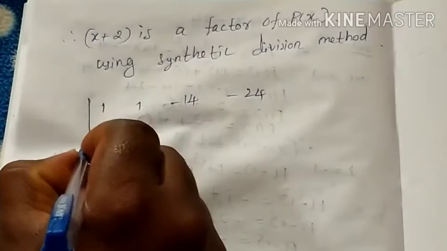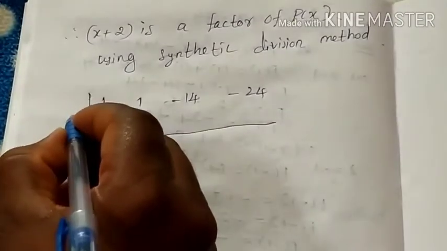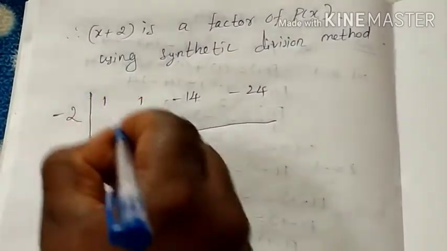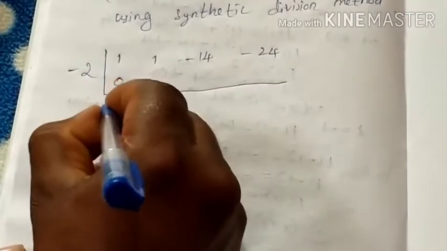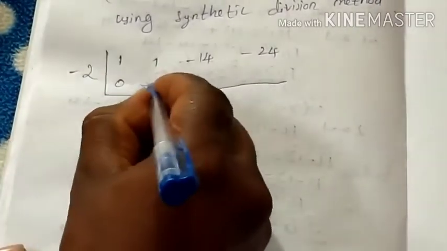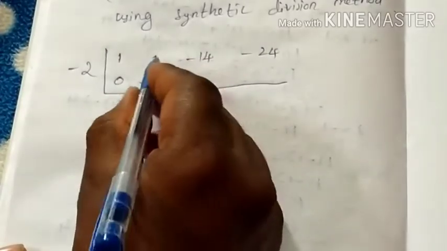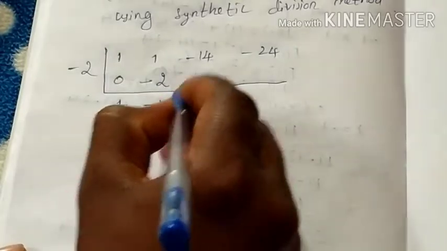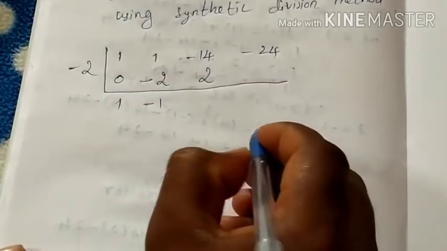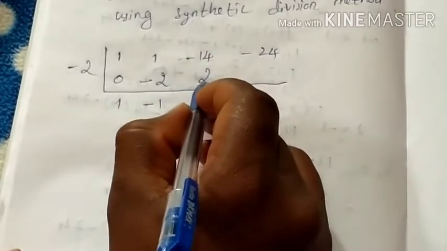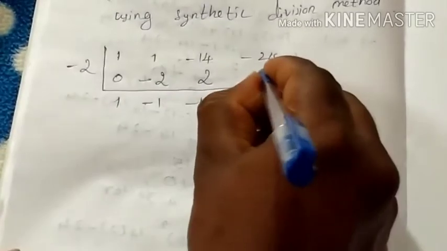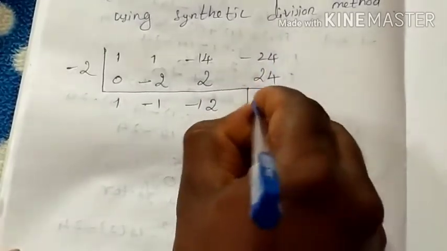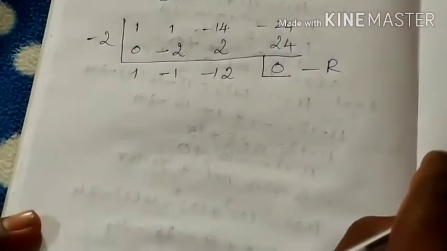Then the x value is minus 2, then 0. Okay, 1 plus 0 is 1, minus into plus minus, 1 2 is 2. Then 1 minus 2 is minus 1, minus into minus plus, 2 1s are 2. Minus 14 plus 2 is minus 12, minus into minus plus, 2 12s are 24. Okay, 0. The remainder is 0.